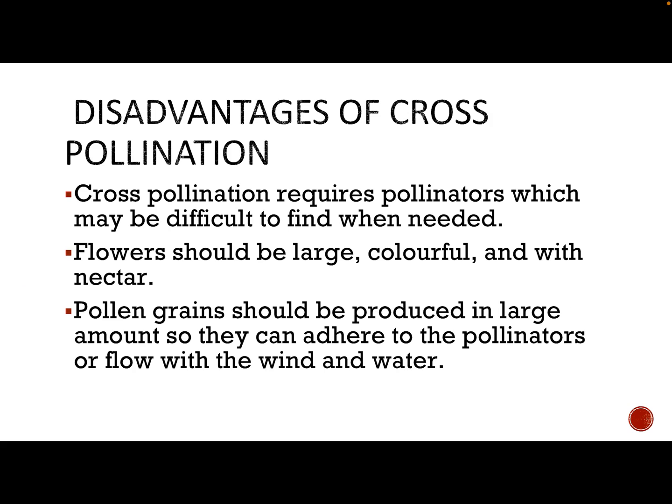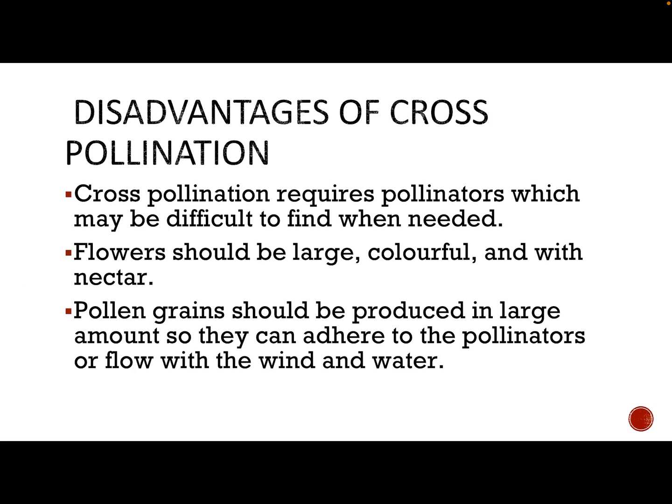If there is no pollination, then there will be no fertilization and no seed formation, and the next generation will not come. This is a very crucial thing. This mechanism is dependent upon pollinators.